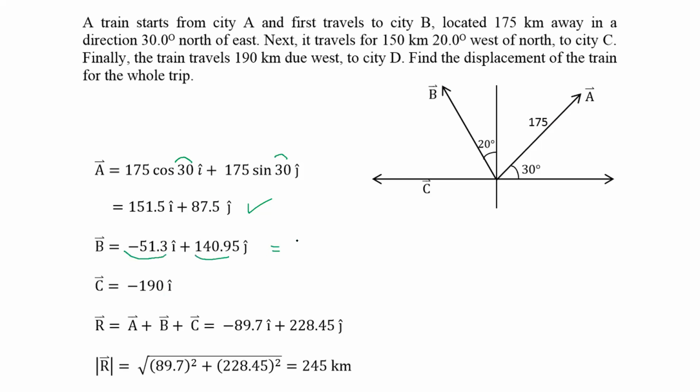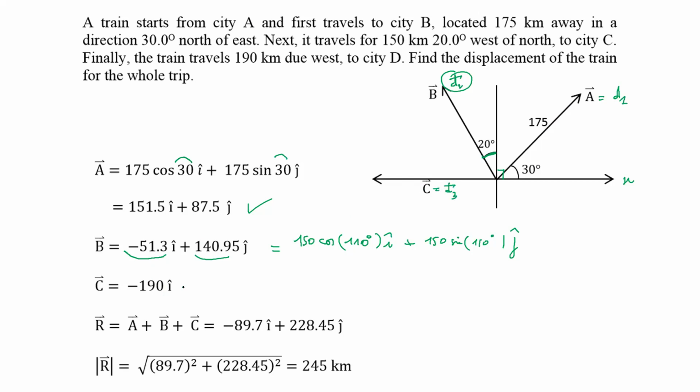Basically, this is equal to 150 cosine 110 I hat plus 150 sine 110 J hat. I told you how to get 110, because this is 20 here, so I have to add 90 degrees to get the angle between the positive x-axis and the vector D2, which is what you call here B. So A is D1 here, and C here is what I called previously D3.